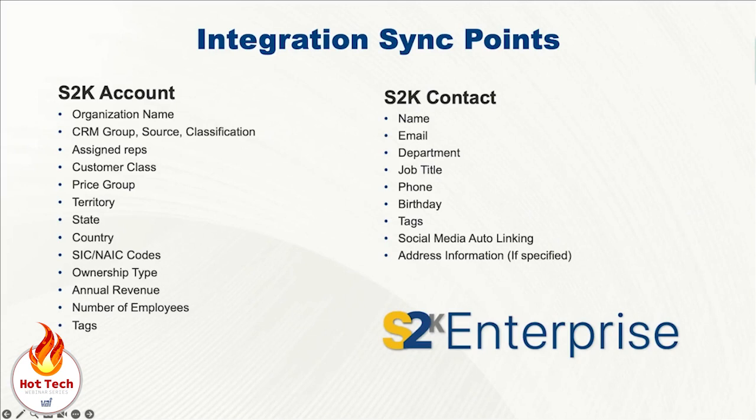So we can use the reps associated, price groups, territories, locations, revenue information about that account that individual is connected to, where we also can use their individual contact information, whether it's the department, the titles, maybe some social media information, that type of information to kind of segment our lists, where we can then target these particular contacts based upon this information, and we can send relevant information to them of their interest.